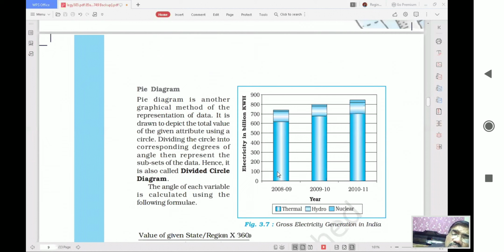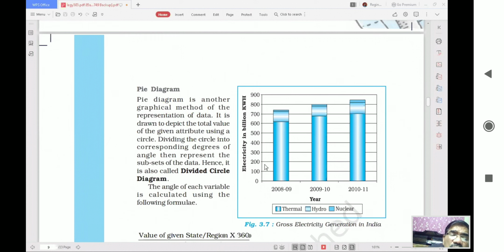Which one is the biggest? If you look at this, thermal is the biggest, then hydro, and then nuclear. So further we can see the maximum one will be kept below and the others will be kept above.